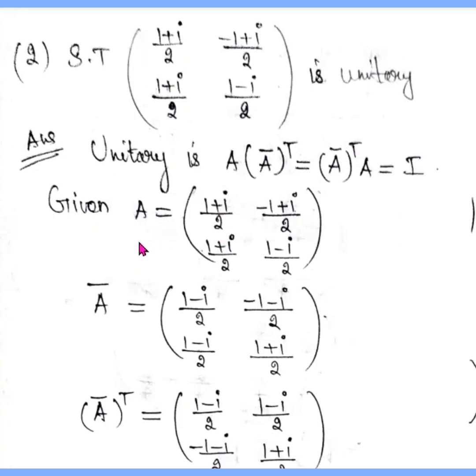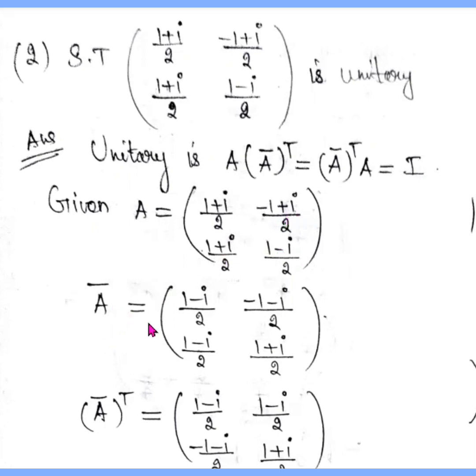So the given matrix A is a 2 by 2 matrix, first row (1 plus i)/2, minus (1 plus i)/2, second row (1 plus i)/2, (1 minus i)/2. Next you have to find A bar, the complex conjugate.